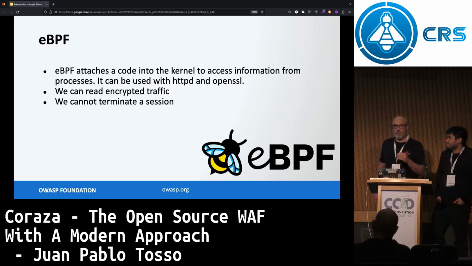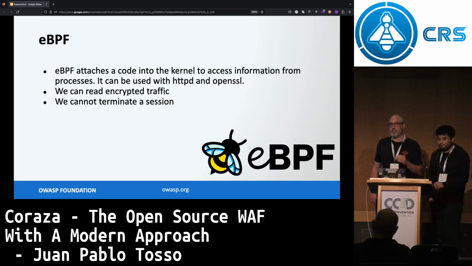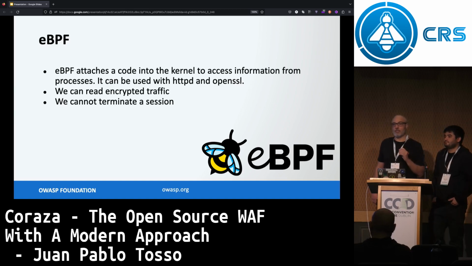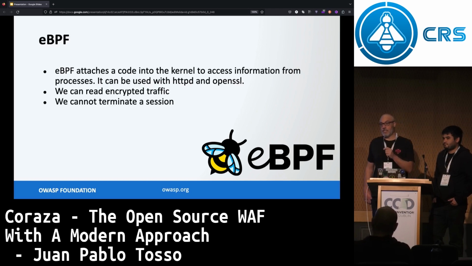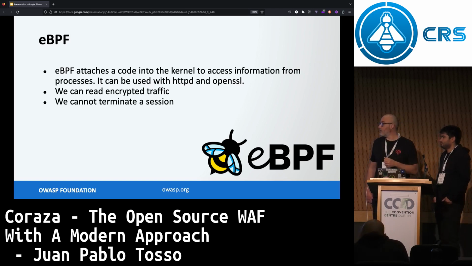This brings a lot of possibilities because you can go at a crazy speed, but also you can access many of the internals of the things you're using for executing at the HTTP level. We can also read encrypted traffic, which is super interesting, but we have challenges.